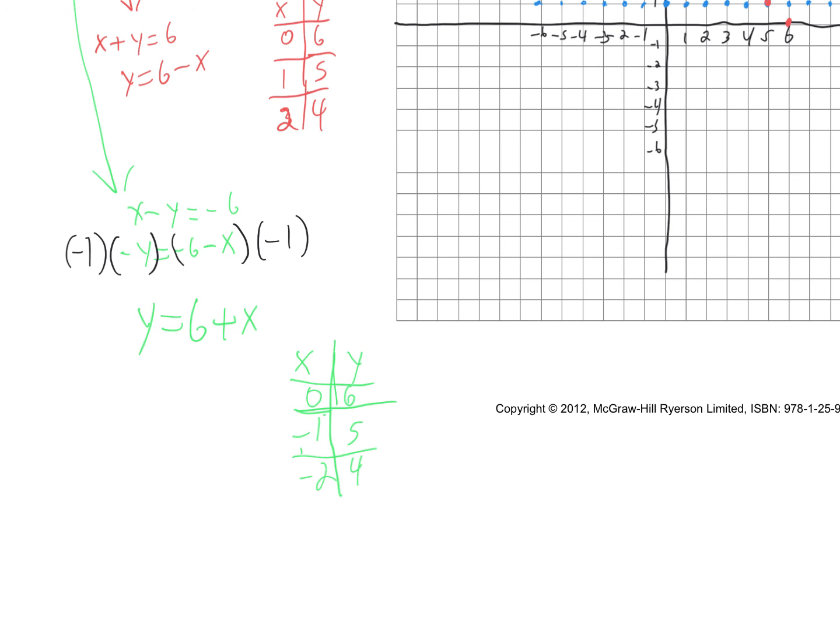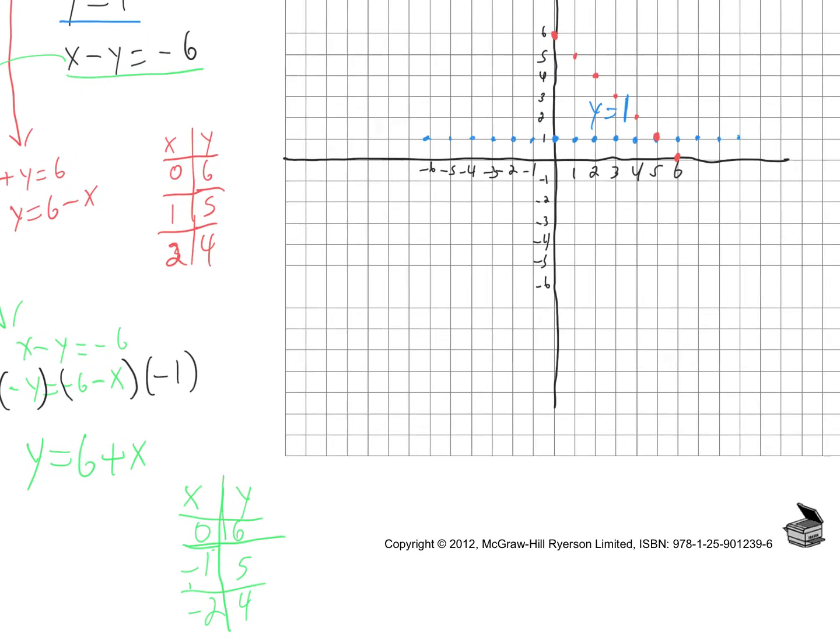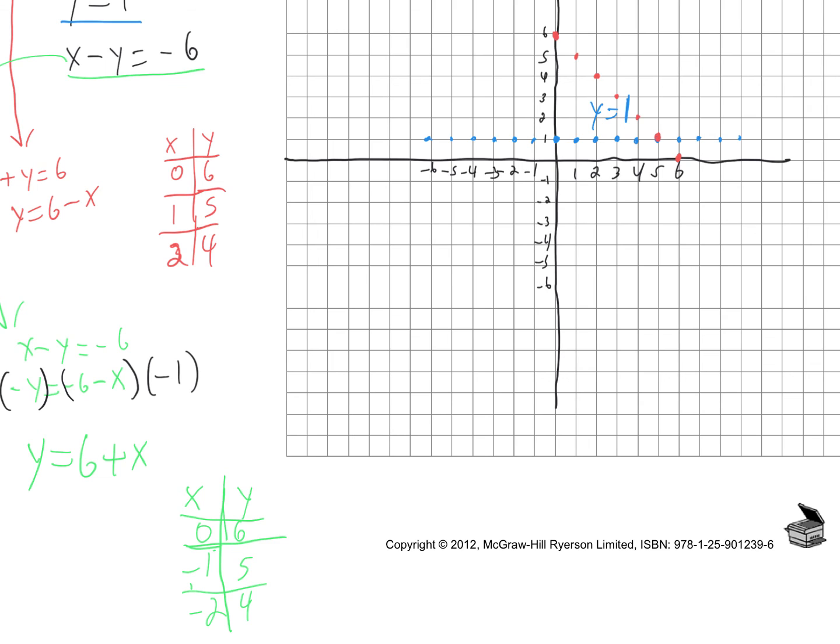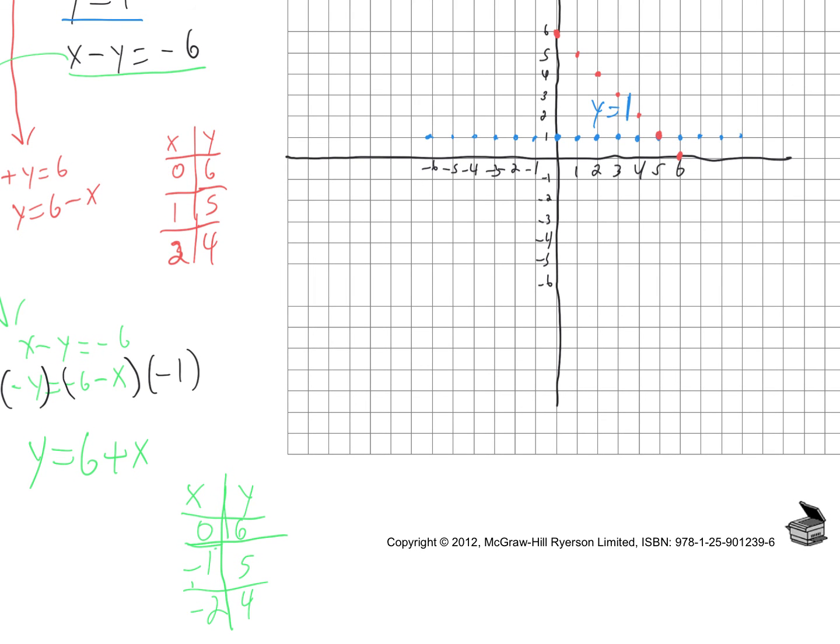And we have these 3 points, and we can now graph them up here. So 0 and 6 would go right here. Negative 1 and 5, negative 2 and 4, and this pattern will continue like this. So we have one line going like this, one line going like this, and one line going like this.